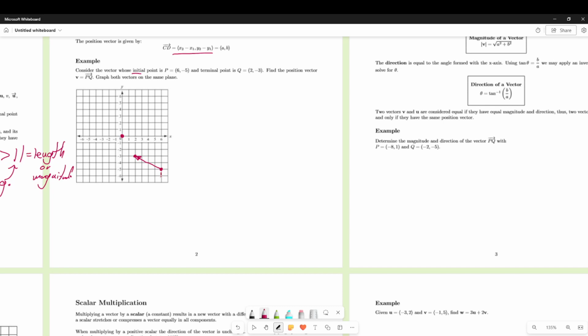So I need it to go the same distance this way, and I need it to go the same distance that way. Well, how far did we go that way? Well, we went from 6 to 2, so 2 minus 6. Notice end minus beginning.